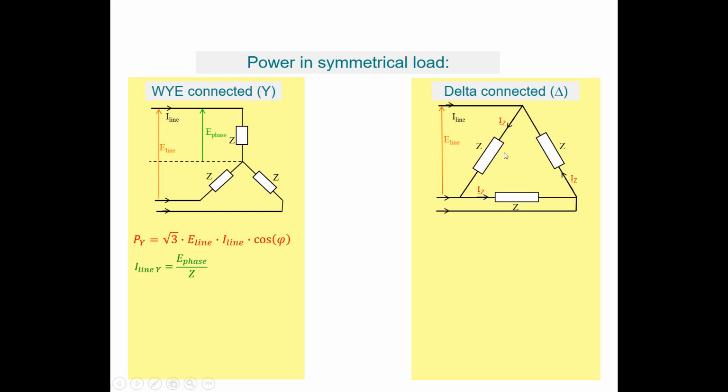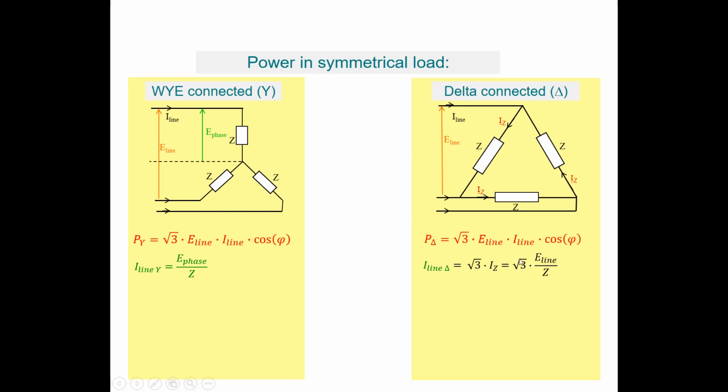Now let's look at the delta connected load over here. Again, we have defined that the total power is equal to the square root of 3 times E line times I line times the cosine of phi. But I line in a delta connected load is the square root of 3 times one of the currents through one of the phases.